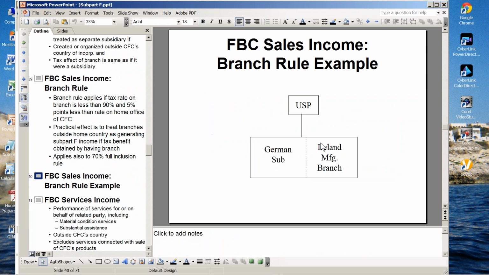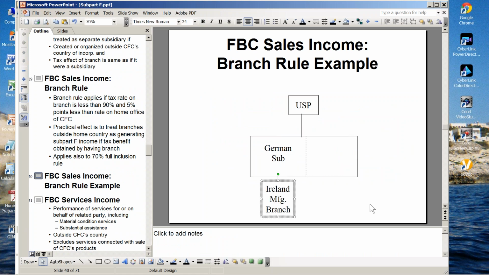And we're back to this example. If my Ireland operation were a disregarded entity rather than a branch, we would still be in the same position as in this example that I used earlier.